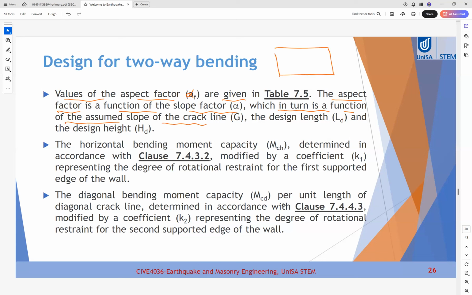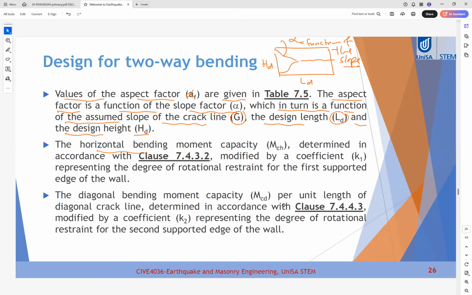So if this was our wall, alpha is the assumed slope, LD is the design length, and HD is the design height of the wall.